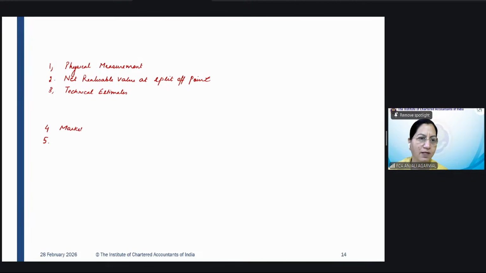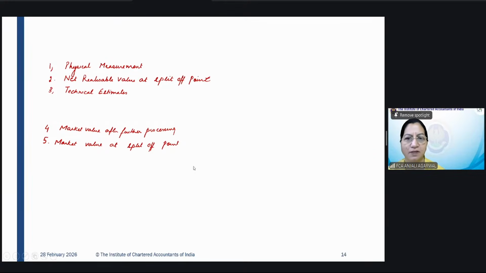So one is market value after further processing, and market value at split off. So these two are comparatively very easy.